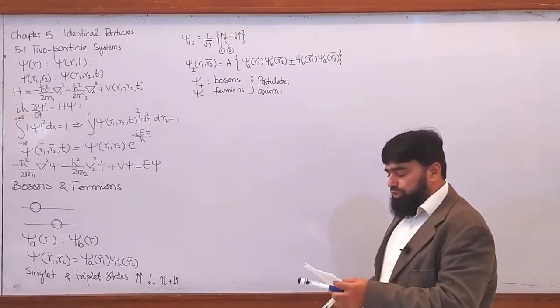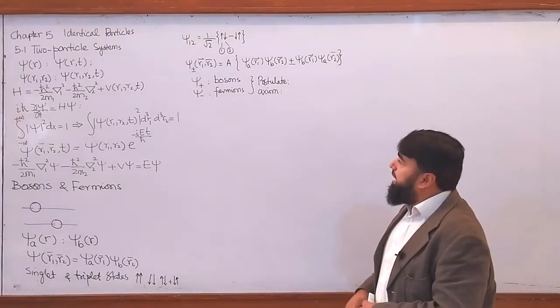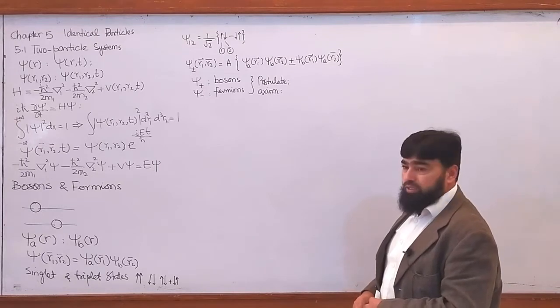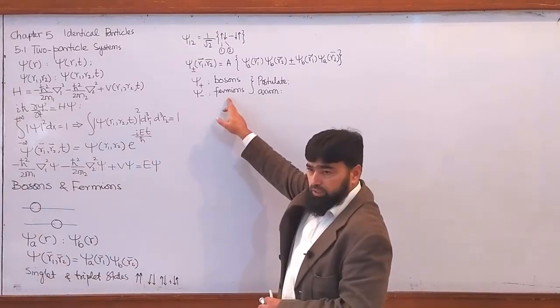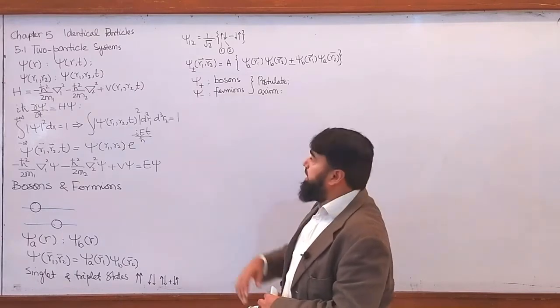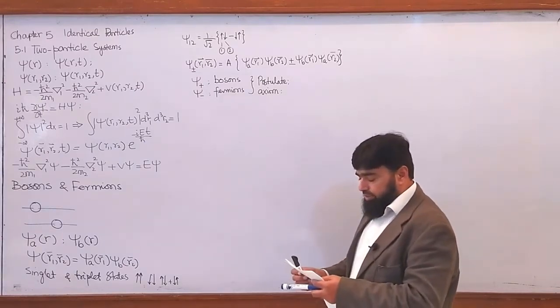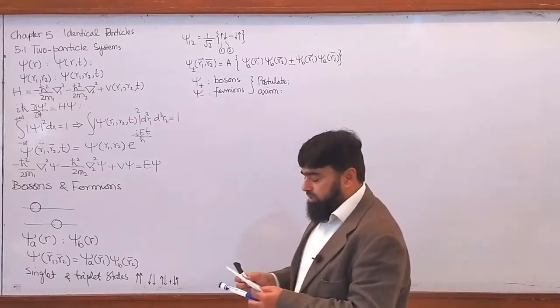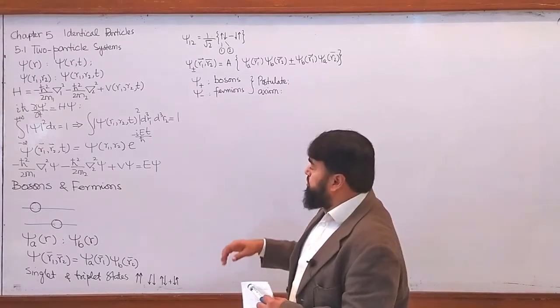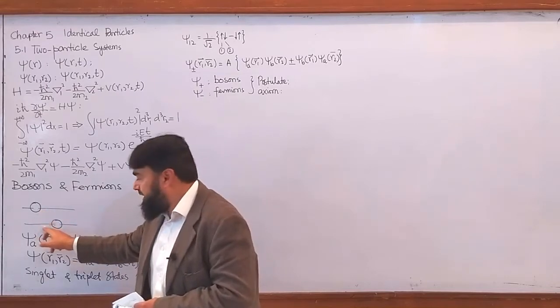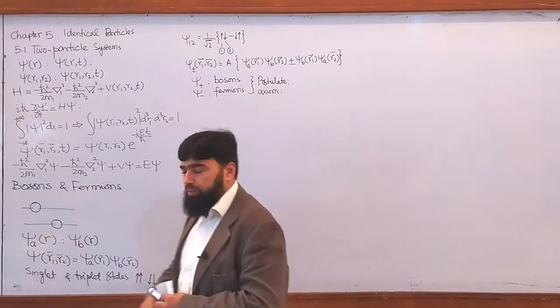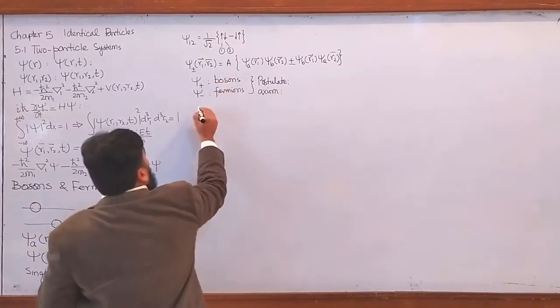Now you can see here why I am assigning minus to the fermions. Why not plus? Let's say the two fermions occupy the same state. What will happen to this equation?